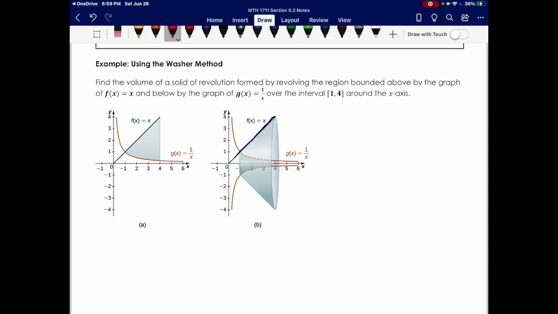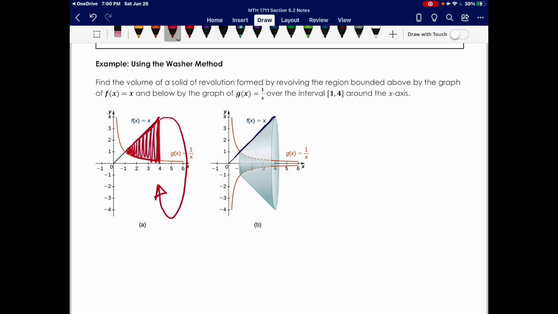So let's look at this example of using the washer method. We have the line y equals x, and then we have the function 1 over x. The function x is in blue and the function 1 over x is in orange.